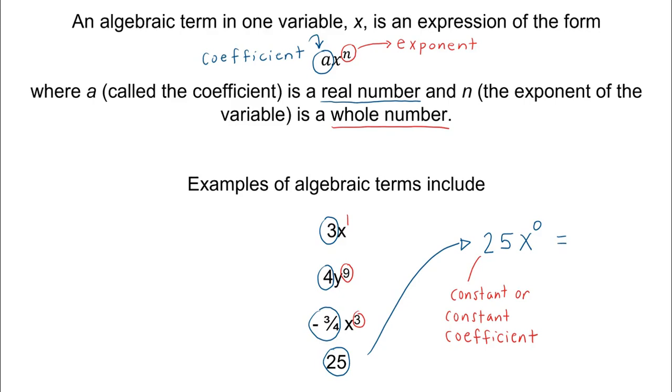So really this is 25 times x to the 0, but 25 times x to the 0 is 25 times 1 because x to the 0 is 1, which means that 25x to the 0 is just 25. So for this example, the number 25, the exponent on the variable is actually 0. And the coefficient is the constant itself, 25.